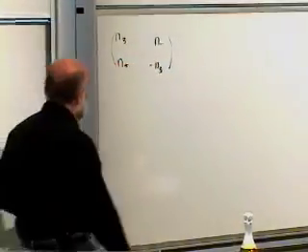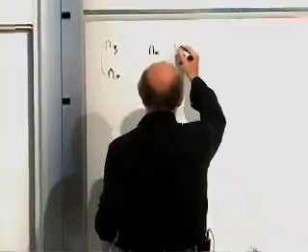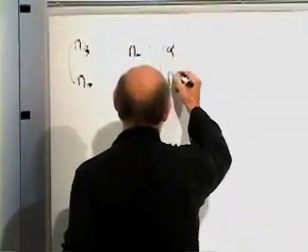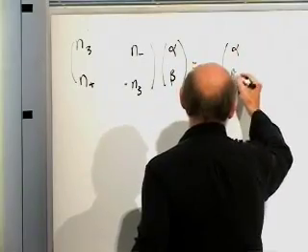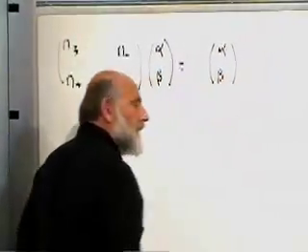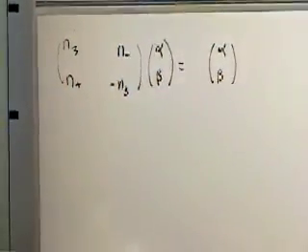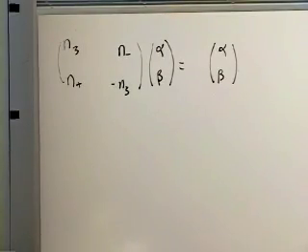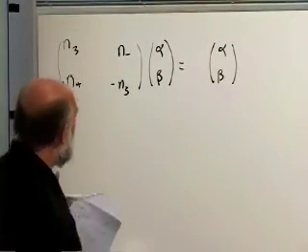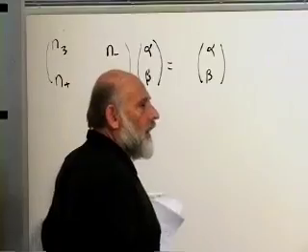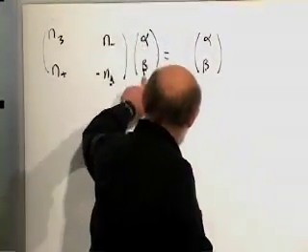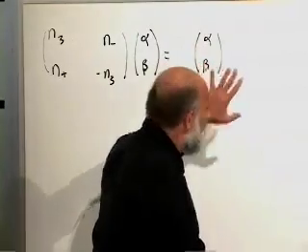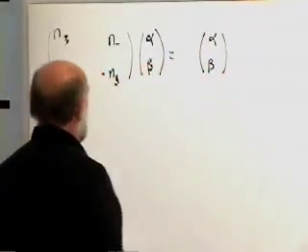And we're going to look for a vector, alpha beta, such that we get alpha beta back. Now, in the first round, I'm not going to worry about normalizing the vector. Later on, we can normalize the vector. Normalizing it means multiplying it by some constant so that the sums of the squares add up to 1. But for the moment, let's not worry about that.